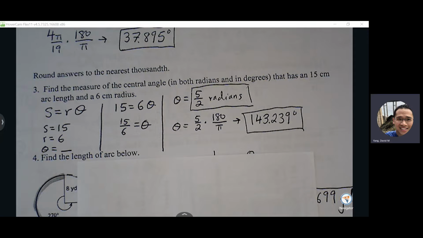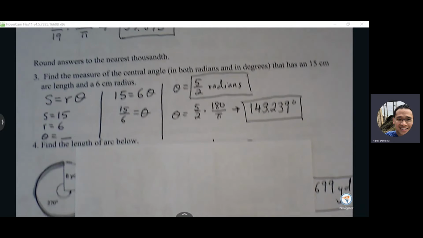Okay, number 4 and 5, we're still using arc length formula, but we may be solving a different variable. So number 4, we're looking for the arc length. We're looking for S. What adjustment do we need to do before we can use the formula? That's right.